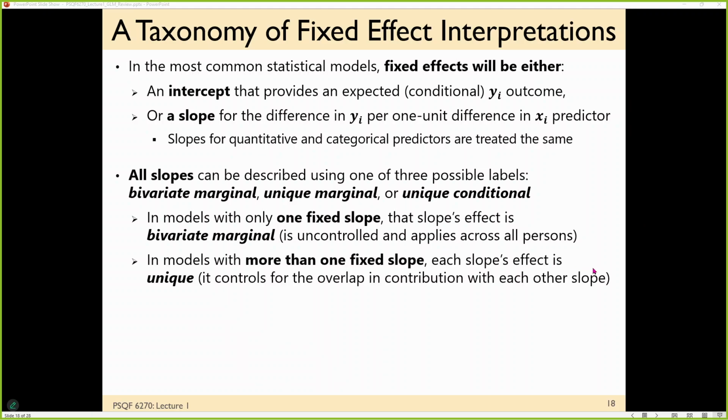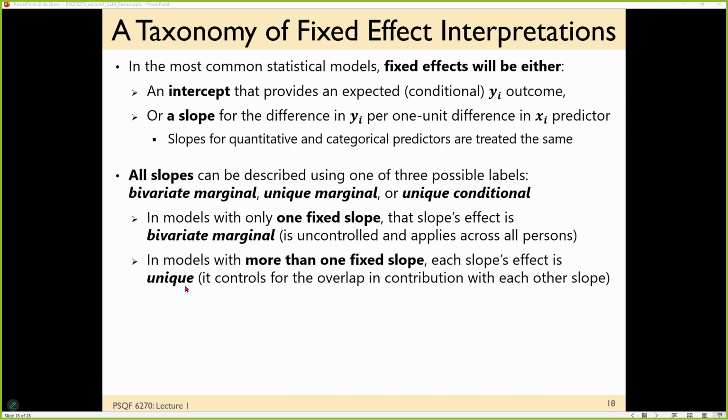If you have a model that has more than one slope, the word bivariate goes away and would be replaced with multivariable, or multiple, either way. Then I switch how I think about the relationship, and the word that I use for that is unique. So if I have x1 and x2, the effect of x1 is whatever it brings uniquely in predicting y that x2 doesn't.